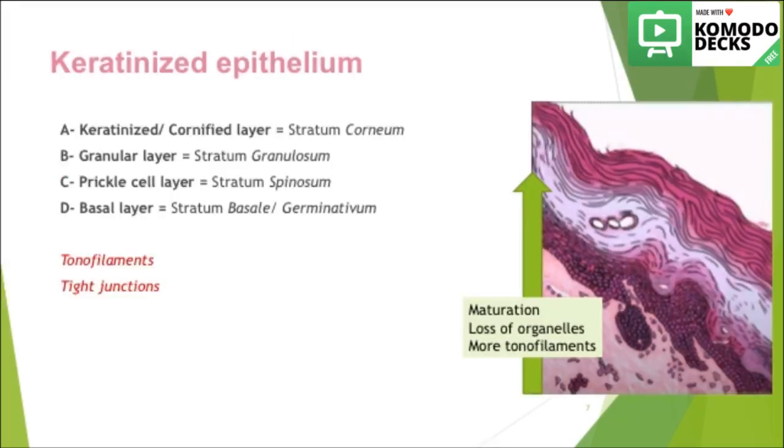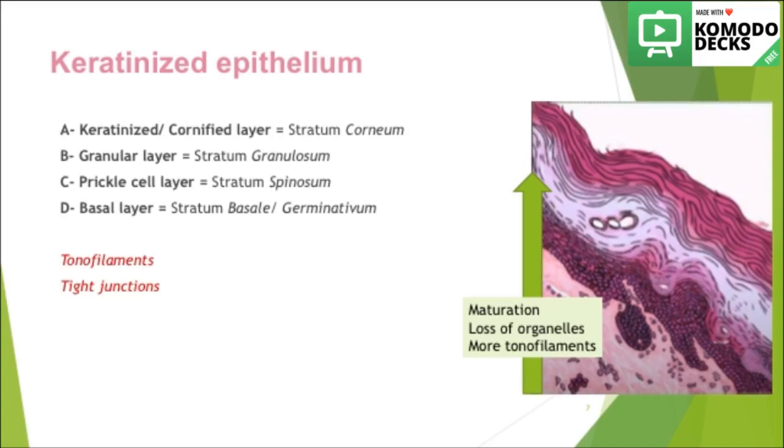Firstly, talking about the keratinized epithelium, it is composed of 4 main layers, named according to the shape of the cell. First is the cornified layer. Second is the granular layer. Third is the spinous or the prickle cell layer. And fourth is the basal layer.